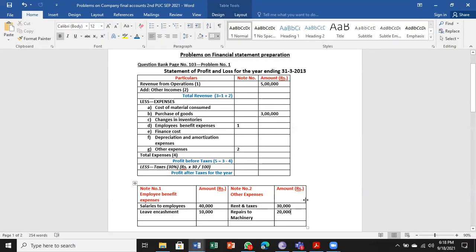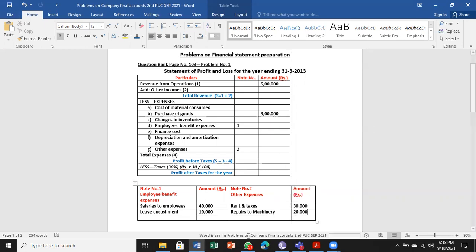So now let us go for the totaling of these two. Notes: 40 plus 10, 50,000. 30 plus 20, 50,000. So now employee benefit expense will be 50,000.